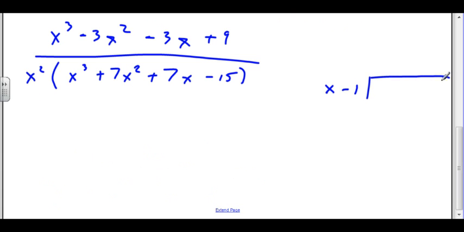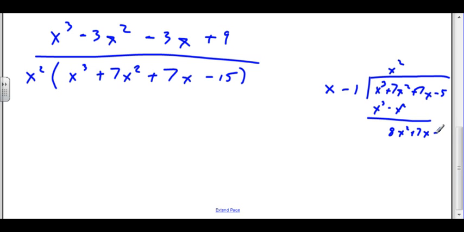All right, so we're going to take x minus 1 and divide it into x cubed plus 7x squared plus 7x minus 15. And it goes in there x squared times. So I have x cubed minus x squared. I subtract and I get 8x squared plus 7x minus 15. And it goes in plus 8x.